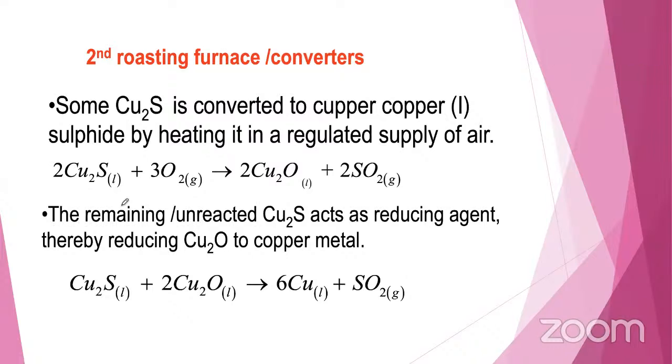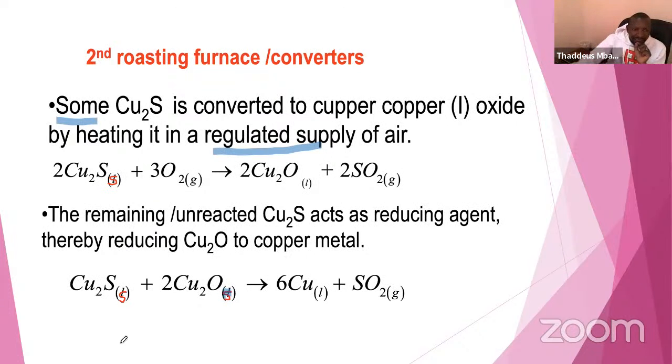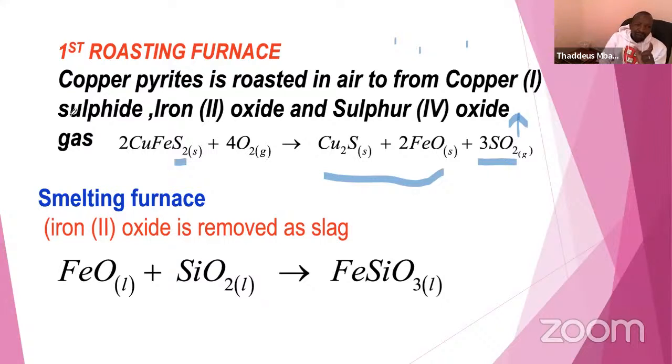Have you got it? Remember where we started. First of all, we had the first roasting furnace. I can take you back. We had the first roasting furnace, whereby the copper pyrite burns in oxygen to form copper 1 sulfide plus iron 2 oxide plus sulfur 4 oxide.